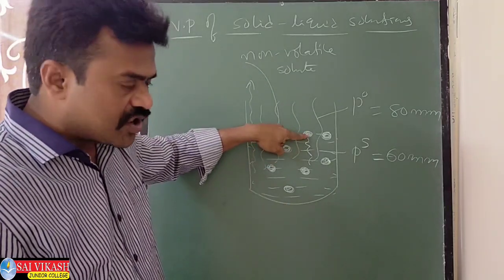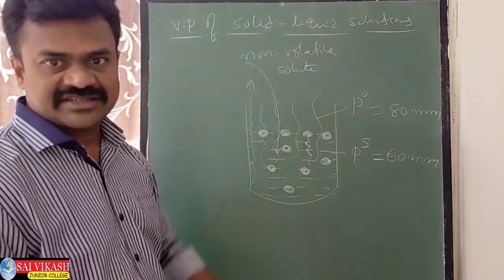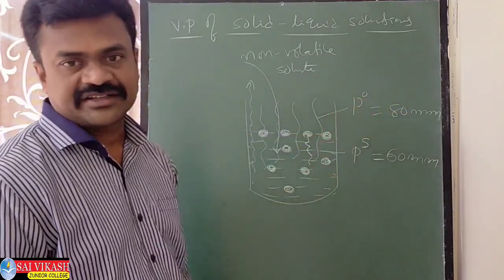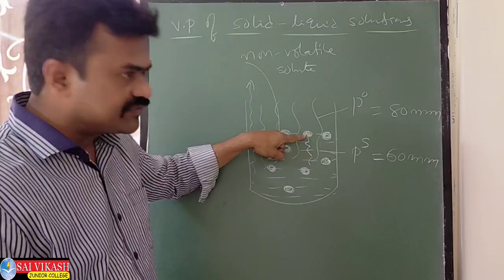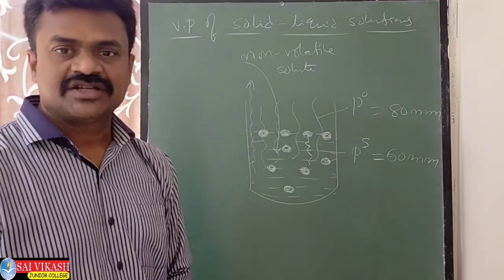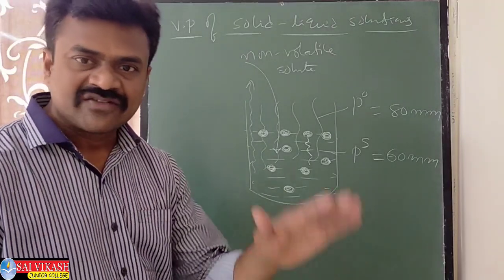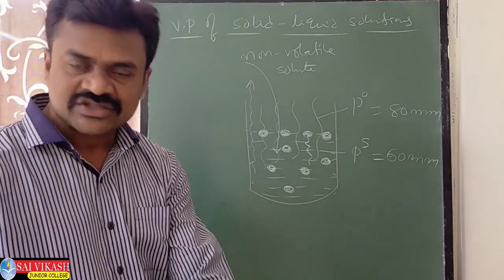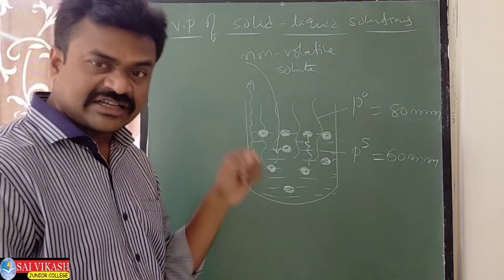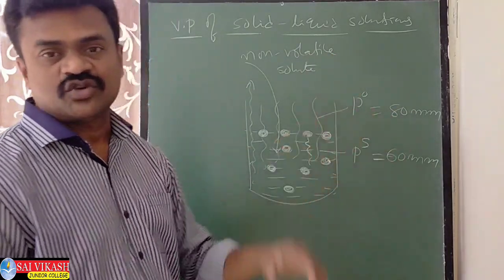Suppose if they were not there, it would vaporize freely. At that condition we got 80. But because of the solute particles, some solvent molecules are stopped from evaporating. That's why vaporization is obviously less, and that is why vapor pressure also decreased. That's why it reaches 60 only.